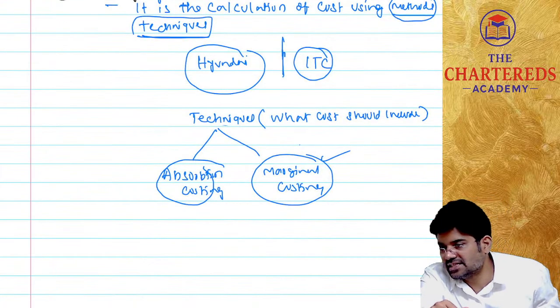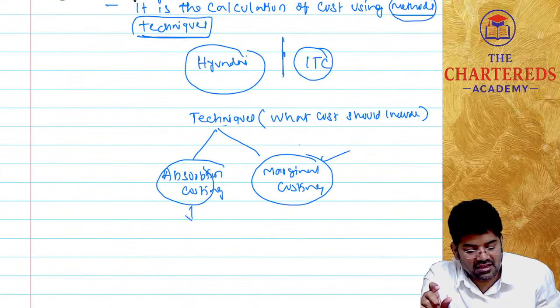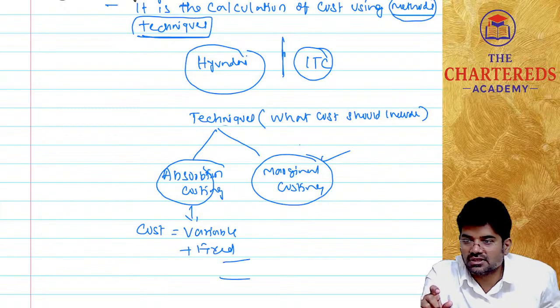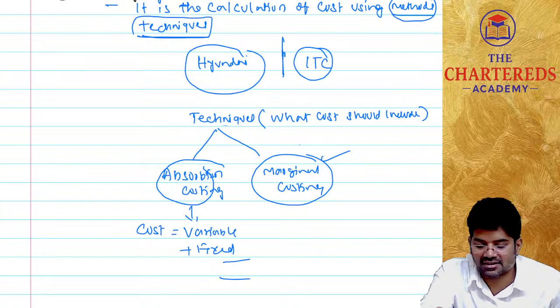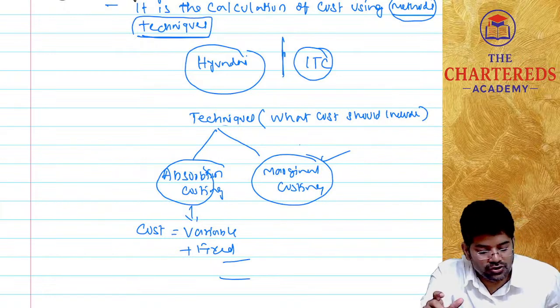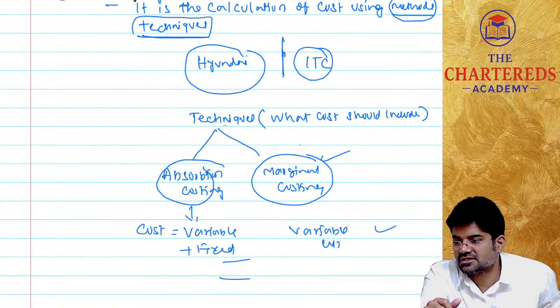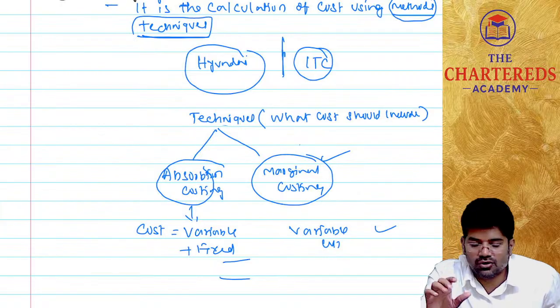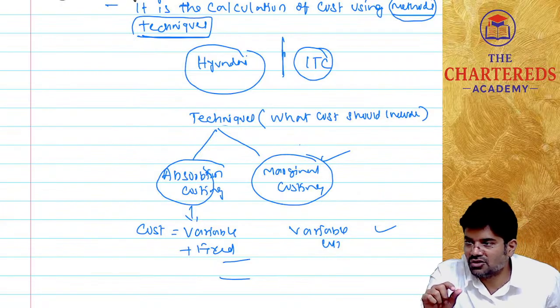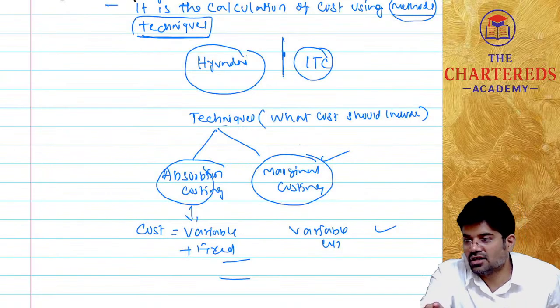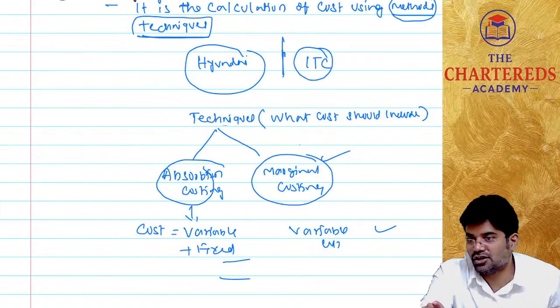ఇక్కడ అబ్జార్ప్షన్ కాస్టింగ్ ఏం చెప్తుందో తెలుసా? కాస్ట్లో వేరియబుల్ కాస్ట్ యాజ్ వెల్ యాజ్ ఫిక్స్డ్ కాస్ట్ కూడా ఉండాలని చెప్తుంది. మార్జినల్ కాస్టింగ్ ఏం చెప్తుందో తెలుసా? యూ టేక్ ఓన్లీ వేరియబుల్ కాస్ట్. అర్థమవుతుందా? సో టెక్నిక్స్ మెథడ్స్ రెండు ఒకటేనా? నో. మెథడ్ విల్ చేంజ్ అకార్డింగ్ టు ఇండస్ట్రీ, నేచర్ ఆఫ్ ప్రోడక్ట్, నేచర్ ఆఫ్ సర్వీస్, నేచర్ ఆఫ్ ప్రొడక్షన్, isn't it?